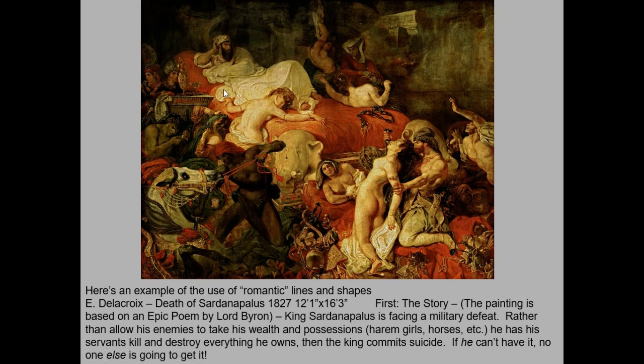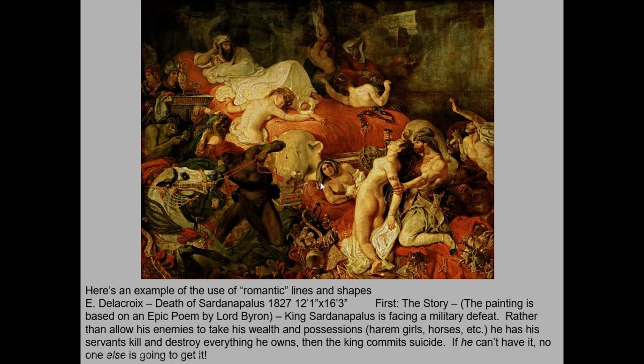He is certain to be defeated by an enemy outside his city gates. And rather than face up to this like the Horatii brothers, rather than go out in glory and face people down, try to save his people, Sardanapalus decides that he refuses to allow any of his treasures or his best belongings or even his closest soldiers to fall into enemy hands.